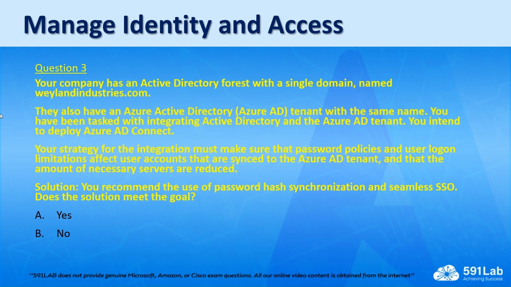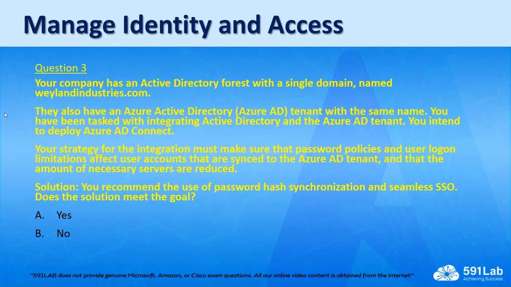You intend to deploy Azure AD Connect, as we've seen. Your strategy for the integration must make sure that the password policies and user logon limitations affect user accounts that are synced to the Azure AD tenant, and that the amount of necessary servers are reduced. The solution that has been suggested is you recommend the use of password hash synchronization and seamless single sign-on. So, what do you think is the answer before I provide the answer?